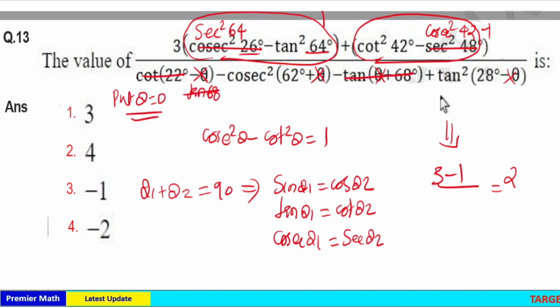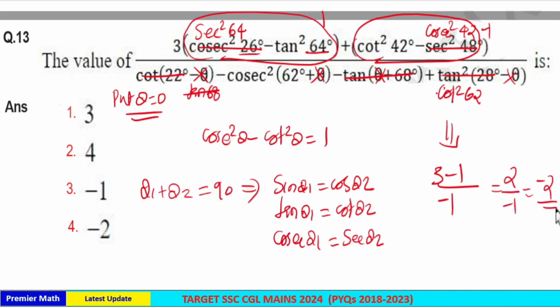And here tan square 28, I can write it as cot square 62. So cot square plus cot square 62 and minus cosec square 62. That is cot square 62 minus cosec square 62 is minus 1. So in denominator you have minus 1. So 2 by minus 1 is equal to minus 2 is your answer.